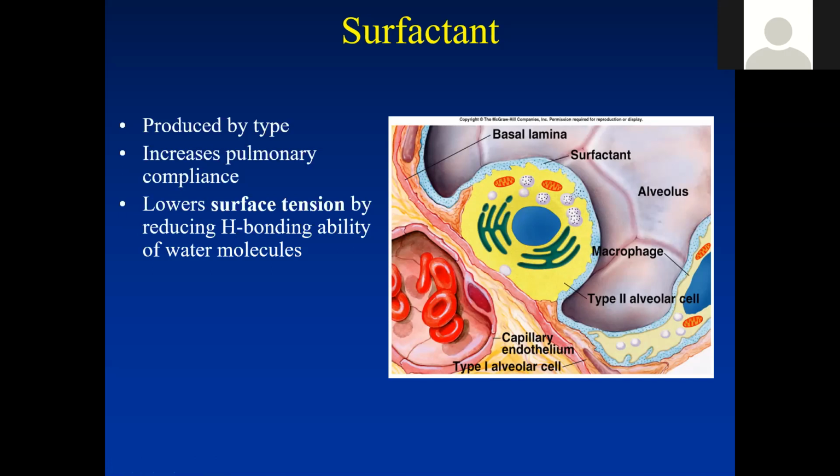Compliance in lungs has to do with the ease that lungs inflate. And of course, as I mentioned, if you break up these water molecules or the hydrogen bonding, that's going to allow the lung to inflate. A lung that's poorly compliant is what you find with certain diseases where it doesn't inflate properly. So just some terms to introduce to you.